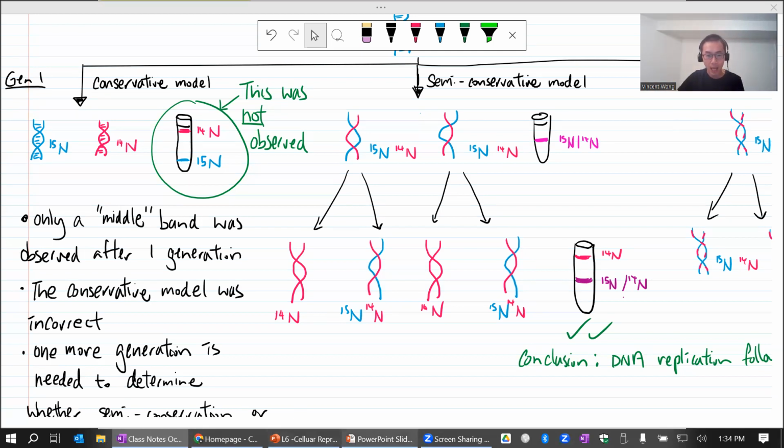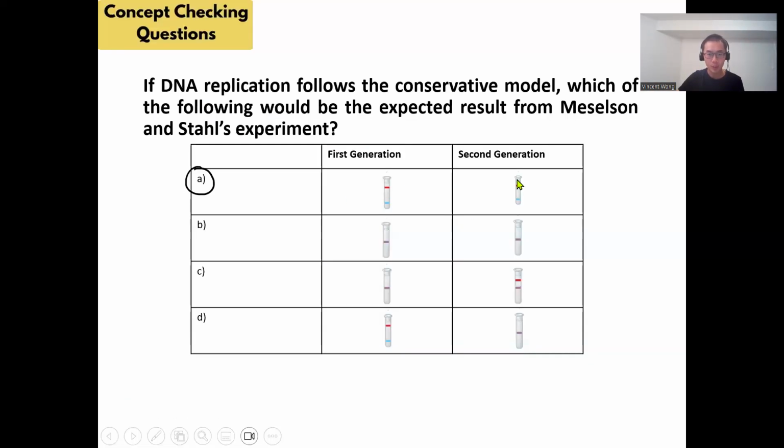And as a result of that, you will see 2 bands all the time. Okay, if you keep on doing it for several more generations, then the blue band will eventually fade away, because you will end up having more and more of the copied, more of the pink version, and eventually like 90% of it will be the pink one, and you'll be left with no original copy basically.